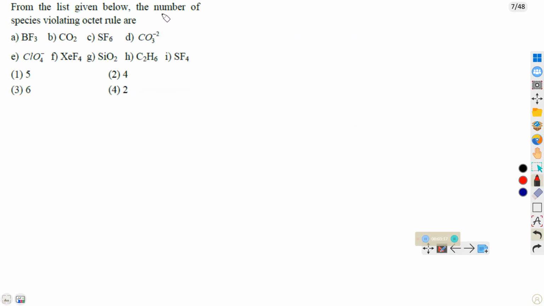From the list given below, find the number of species violating the octet rule. BF3 does not follow the octet rule. CO2 follows the octet rule. SF6 does not follow the octet rule. CO3 2- follows the octet rule. ClO4- does not follow the octet rule.